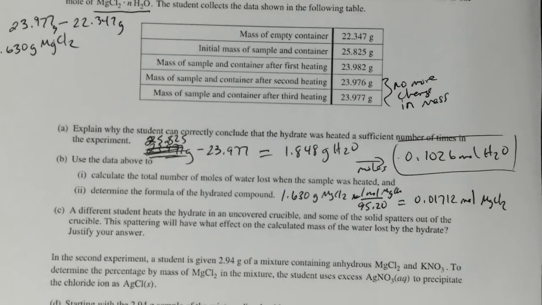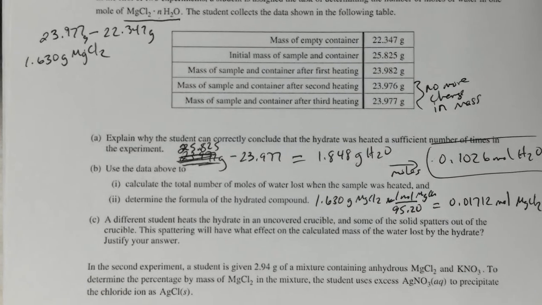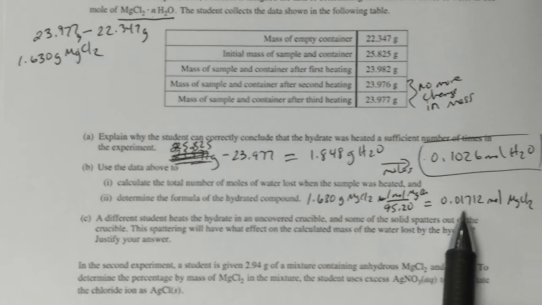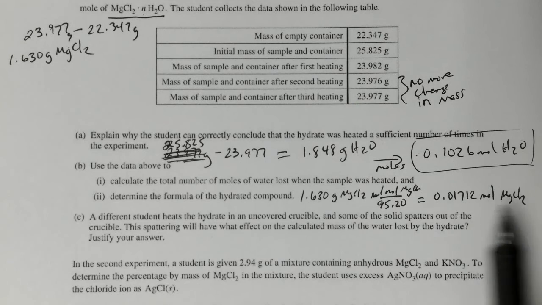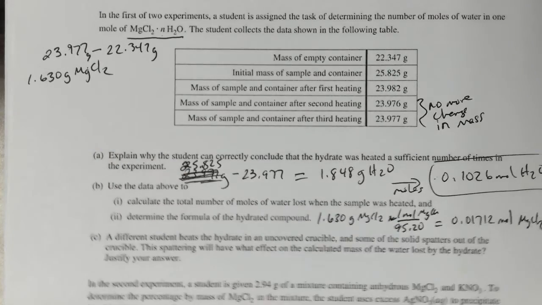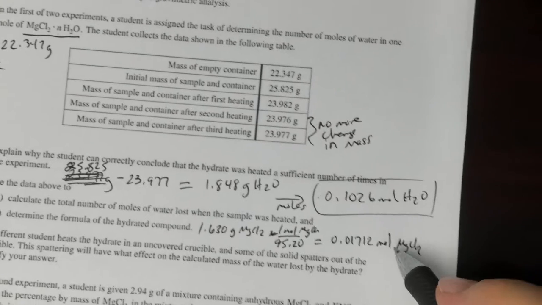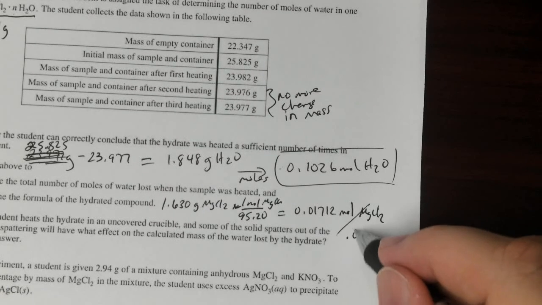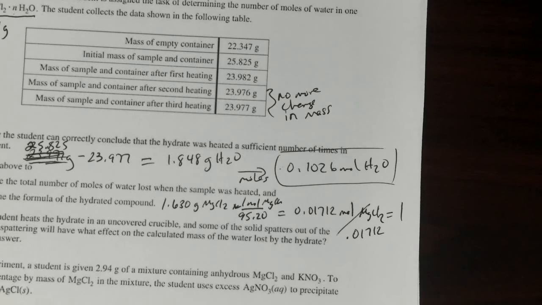Alright, now we're going to take a back to the future trip into pre-AP, and we need to find the mole ratio, in other words the empirical formula, between the moles of the anhydrate and the moles of the water. So if you remember, what we would do is take these and divide them by the smallest number, which is 0.01712. And so that would come out to be 1.